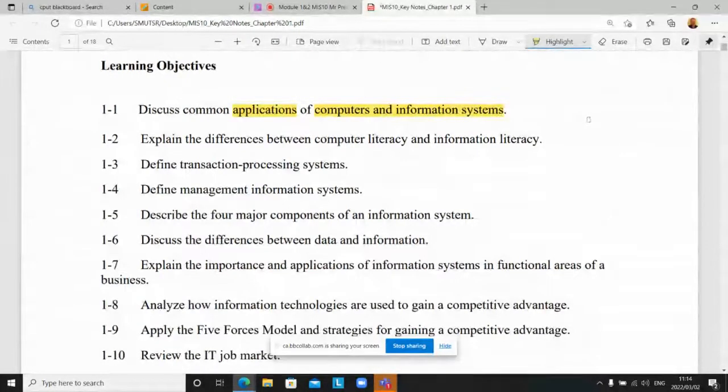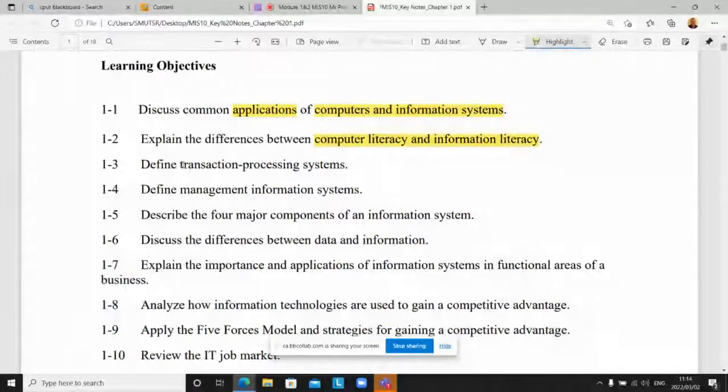So applications of computers and information systems, what do we use them for? And we will discuss this just now. There's a difference between computer literacy and information literacy. I want you to understand I am not going to give you any information you will not get a question on. I don't have time for that.